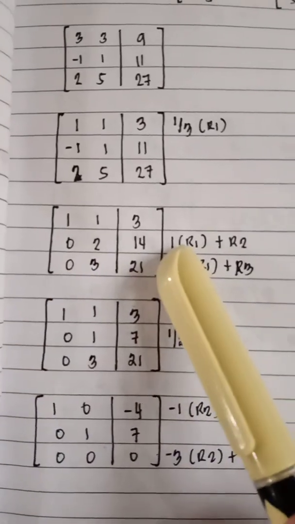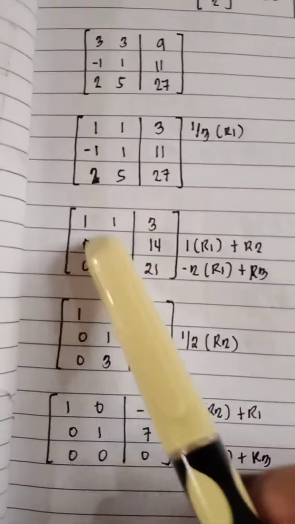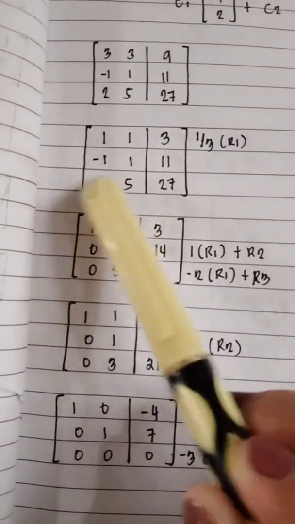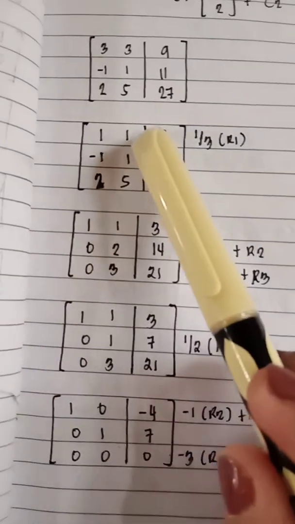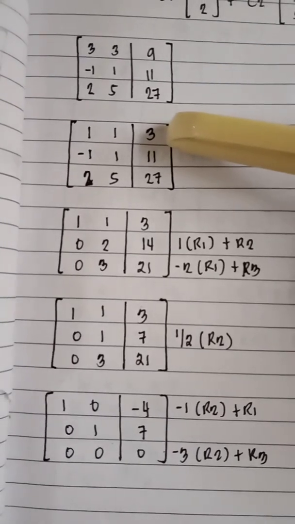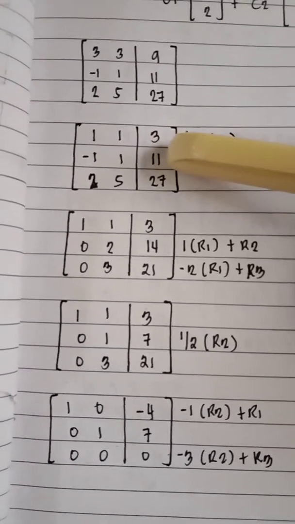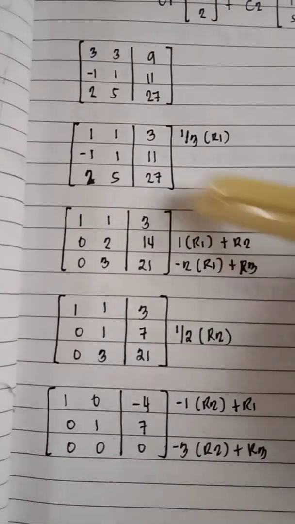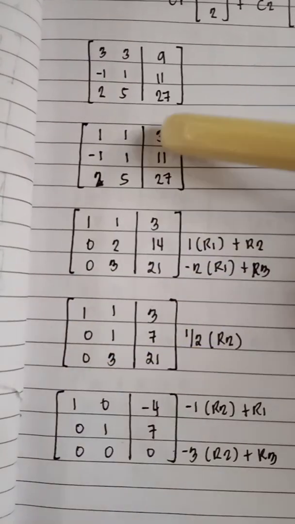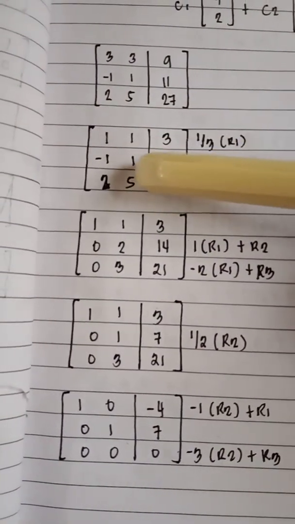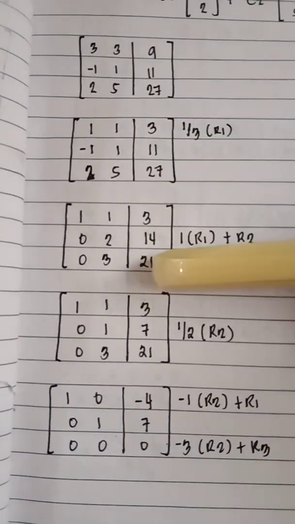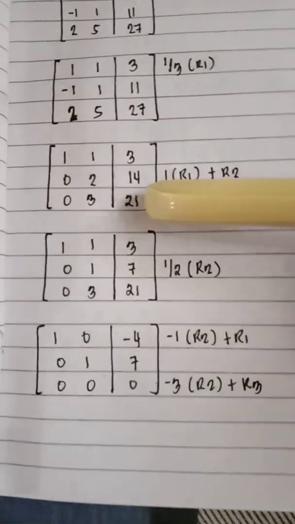In row 2, 1 times 1 plus negative 1 is equal to 0. 1 times 1 plus 1 is equal to 2. 1 times 3 plus 11 is equal to 14. In row 3, negative 2 times 1 plus 2 is equal to 0. Negative 2 times 1 plus 5 is equal to 3. Negative 2 times 3 plus 27 is equal to 21.